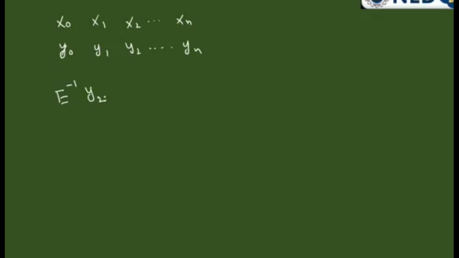I'm applying the shift operator on y2, but I want to shift this quantity corresponding to x2 towards the back of that value. The value which lies on the back side of x2 is x1, and x1 has the value y1. So the shift of y2 will result in y1, a 1 unit shift of y2.